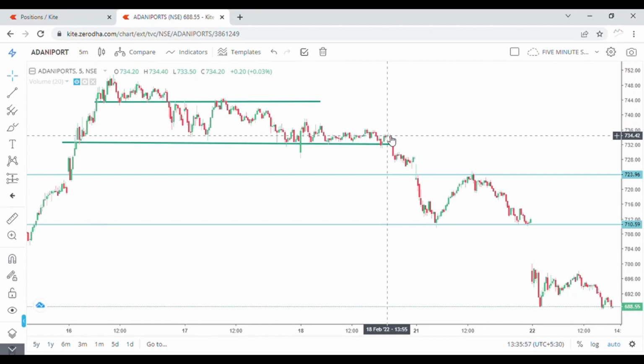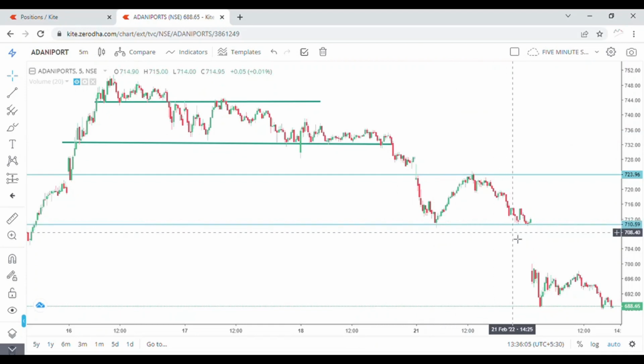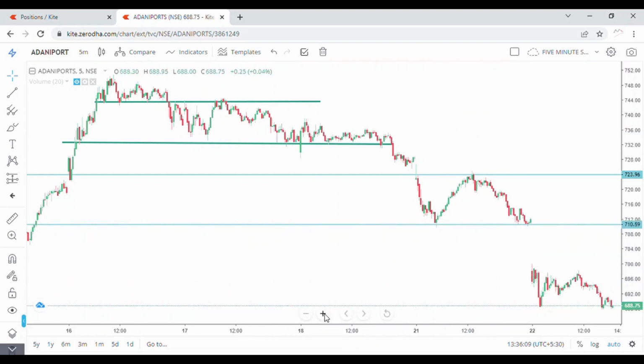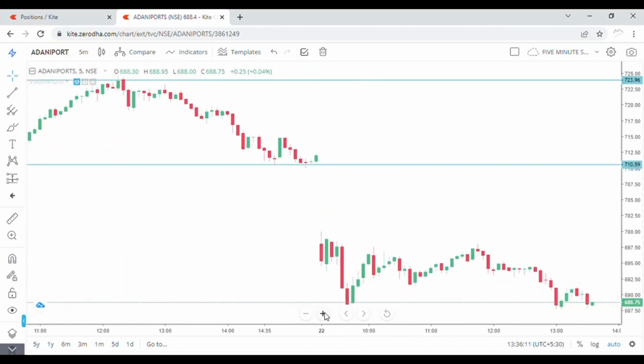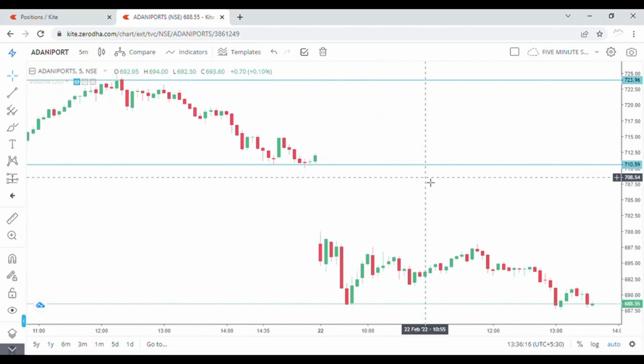Basically this support was broken, so price was here, and in the morning I was waiting for at least a pullback till here. But the market is in a strong bear grip, so no pullback came. So I initiated my position once I got this particular pattern.